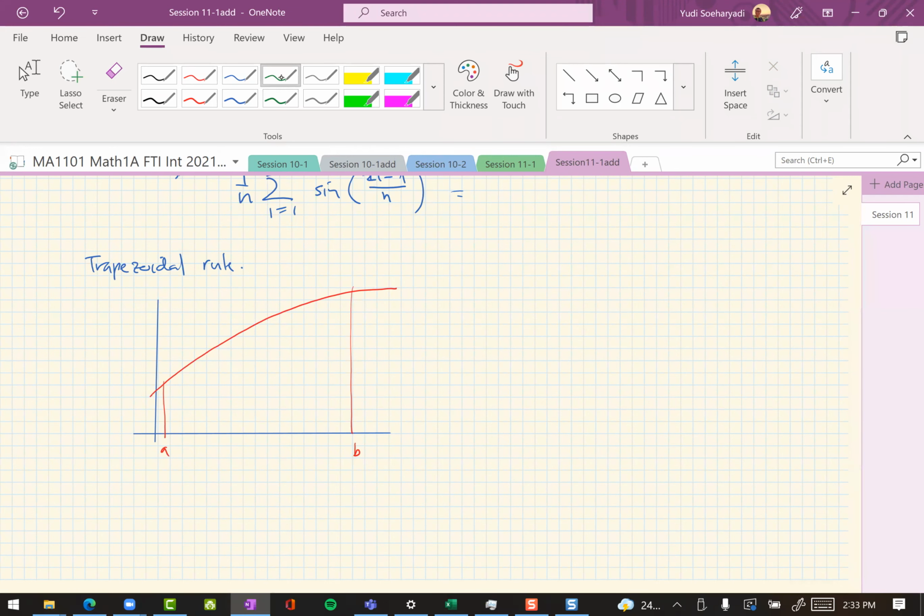Okay, for each step, what we compute here is, for example, this is the sample, x_{i-1}, x_i. We use the trapezoid here.